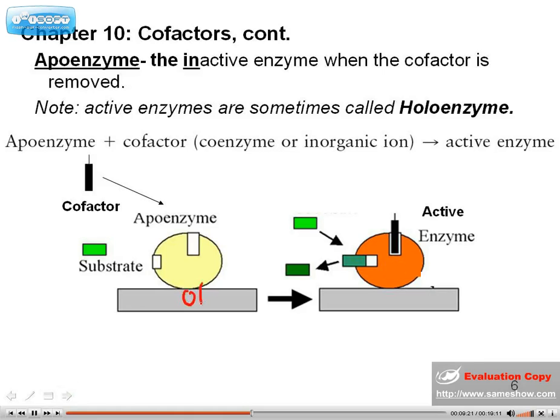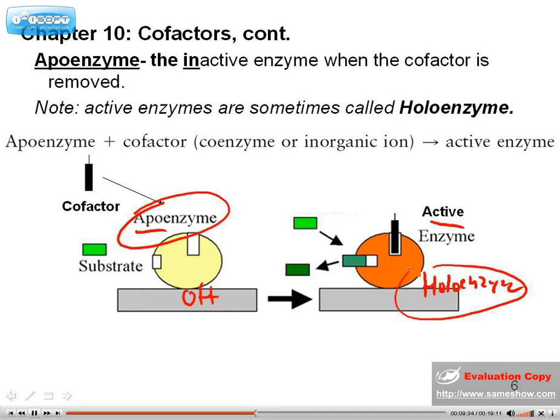If an enzyme is off, it's apo. If an enzyme is active, then we say it's a holo. So apo enzyme is for an enzyme that's off, holo enzyme is for it being active.